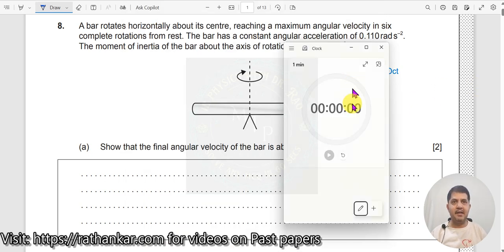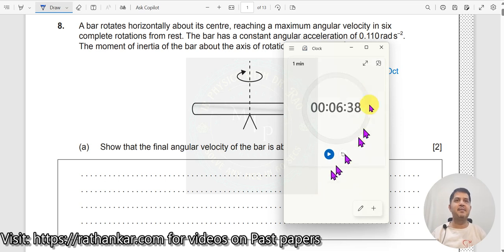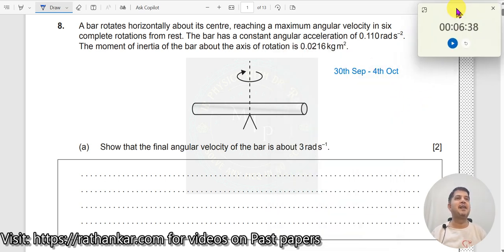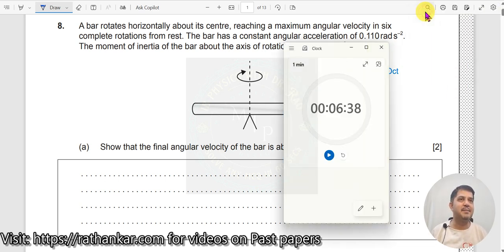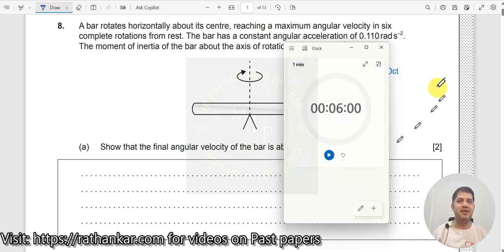Just give me a moment, I will adjust the timings so that we'll try to finish within 6 minutes. But many a times nowadays the problems go beyond my control and I need to say more than what is required. Anyway, let us try to finish within that time. Oh, I have fixed it for 6 minutes 38 seconds. Let me make it a 0 here and let's see how much it goes.